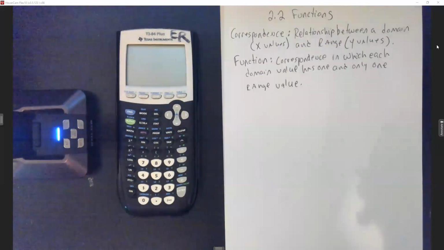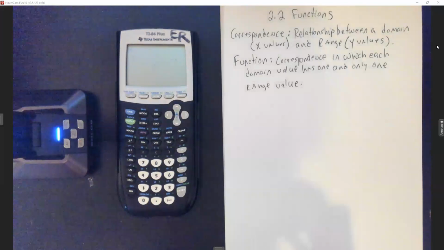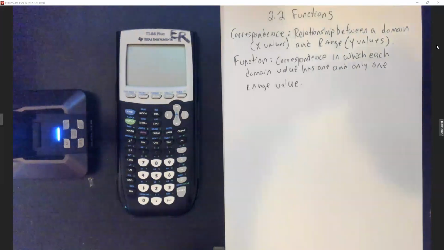Okay, so a correspondence shows you a domain and a range, but a function is a special correspondence in which each of those domain values has only one range value. It's like if you're getting paid and you work 40 hours, you don't want a choice for your pay. You want that to be one amount when you work them 40 hours. Okay.